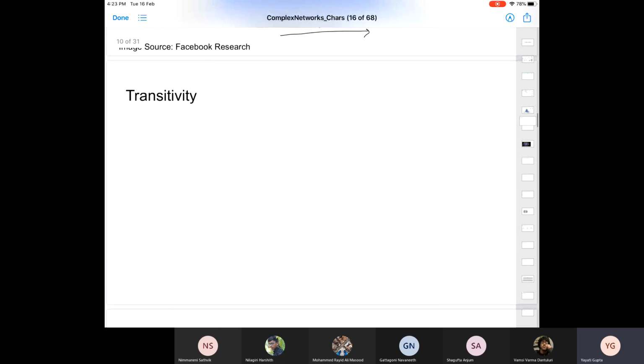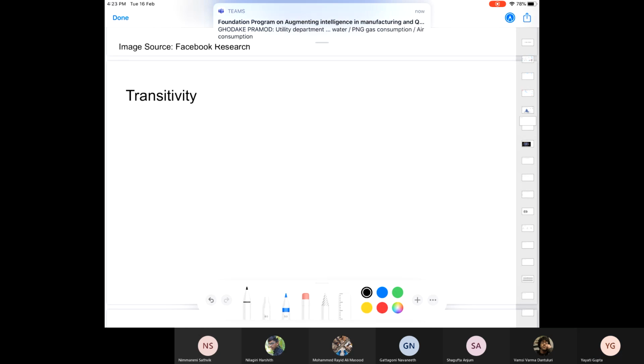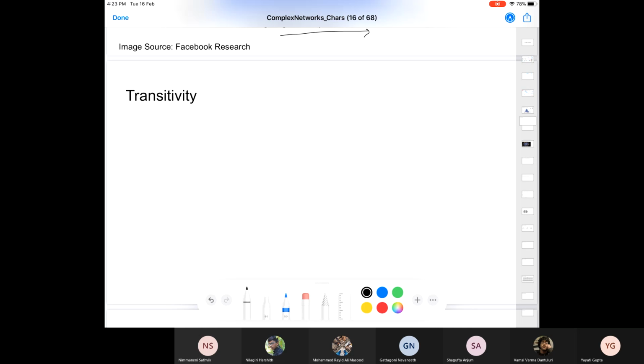Coming to the next property, transitivity. Can someone try to guess what transitivity is? You would have heard of transitive relations in discrete maths. What is a transitive relation? Can someone tell me?